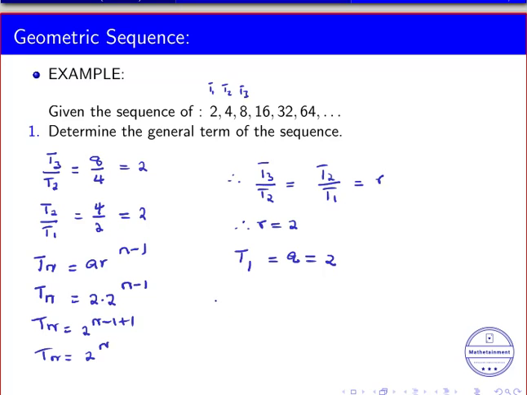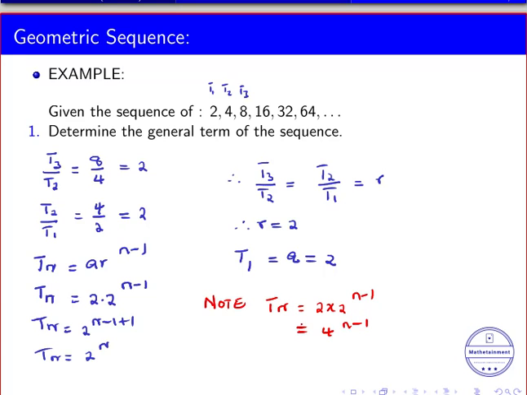You cannot, let me emphasize this, good people. I want to write it in red so that you note the danger. Do not say Tn is equal to, when you see 2 times 2 to the power of n minus 1, you cannot say it is the same as 4 to the power of n minus 1.